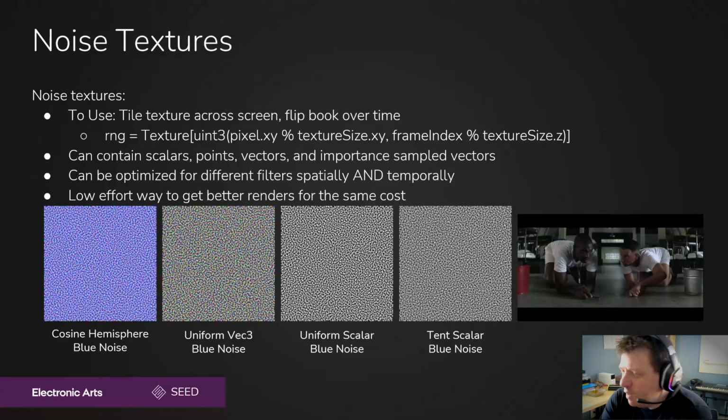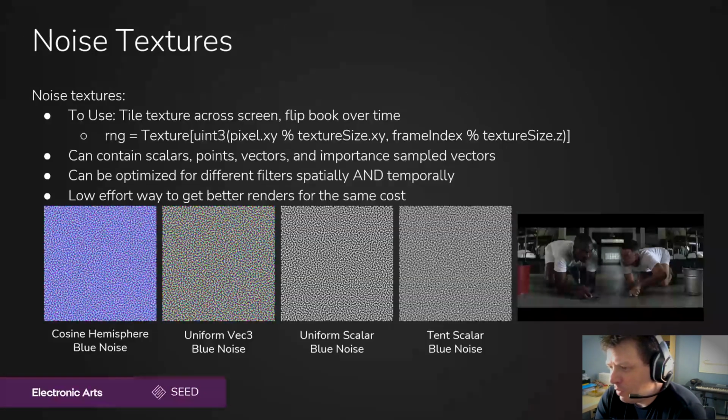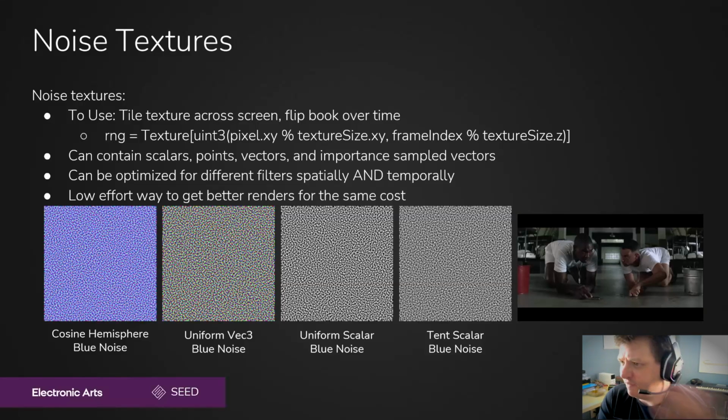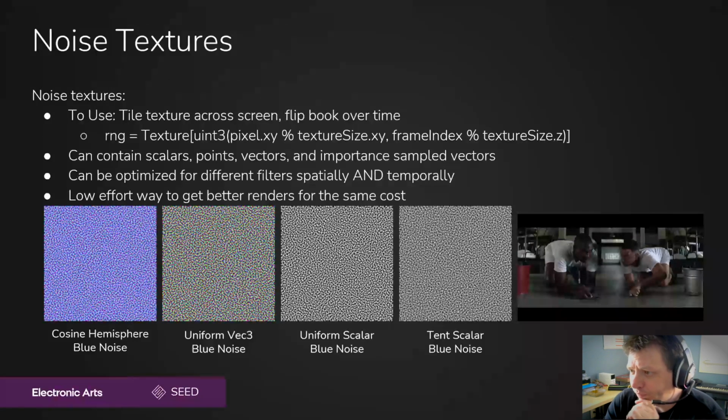So, kind of an overview of noise textures. Essentially, noise textures are pre-generated random numbers with whatever specific properties you want. We've been talking about optimizing them for perceptual quality or to be easier to filter. But to use them, you just tile them across the screen and use them as a flipbook over time, like this line of pseudocode shows.